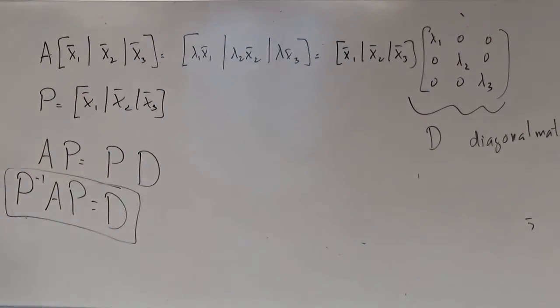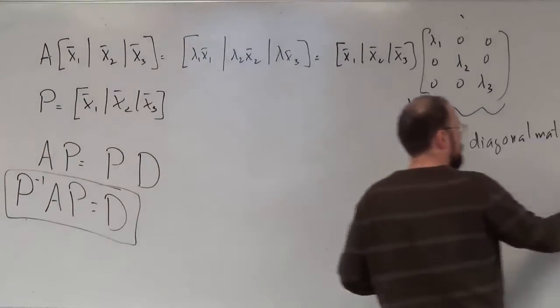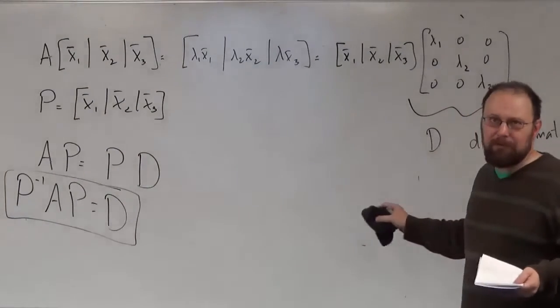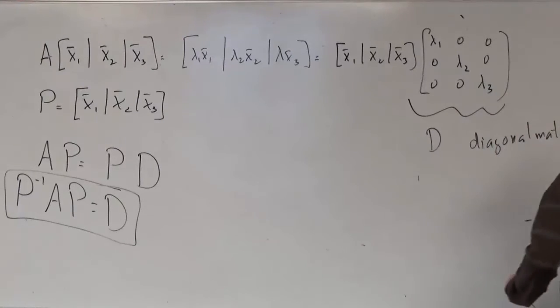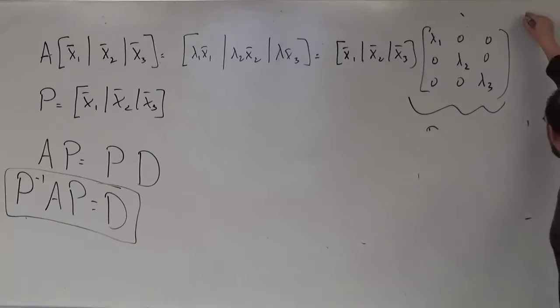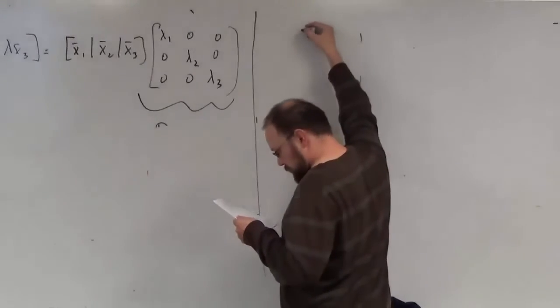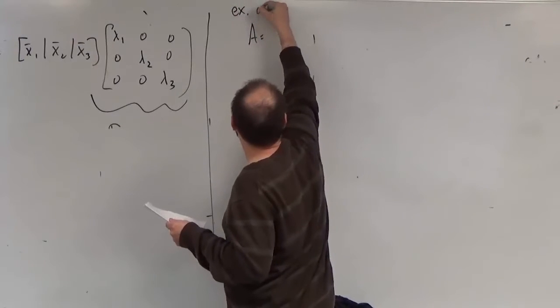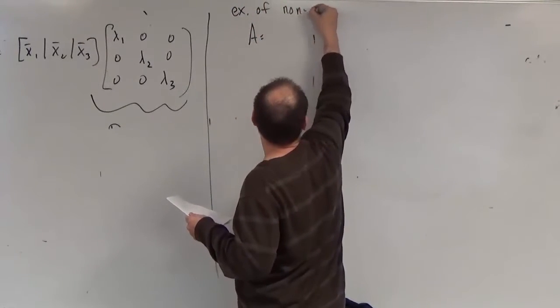All right. So are all matrices diagonalizable? Well, the zero matrix is already diagonal. Okay. Well, the answer is no. So here's an example of a matrix that is not diagonalizable. So, example of a non-diagonalizable matrix.